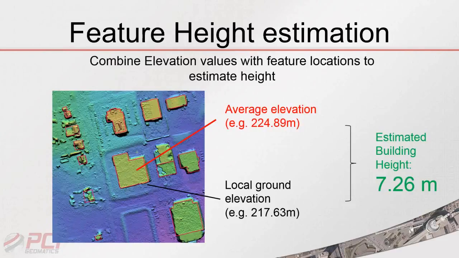So here we have average elevation of 224 meters above mean sea level, and then the ground is about 217, so we can calculate that the estimated building height is 7.2 meters roughly. If we just go to the next slide.